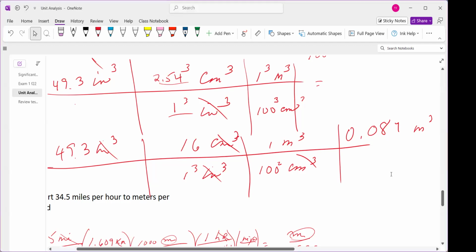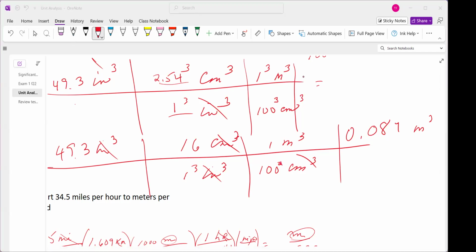That's here. And this should be cubed also.